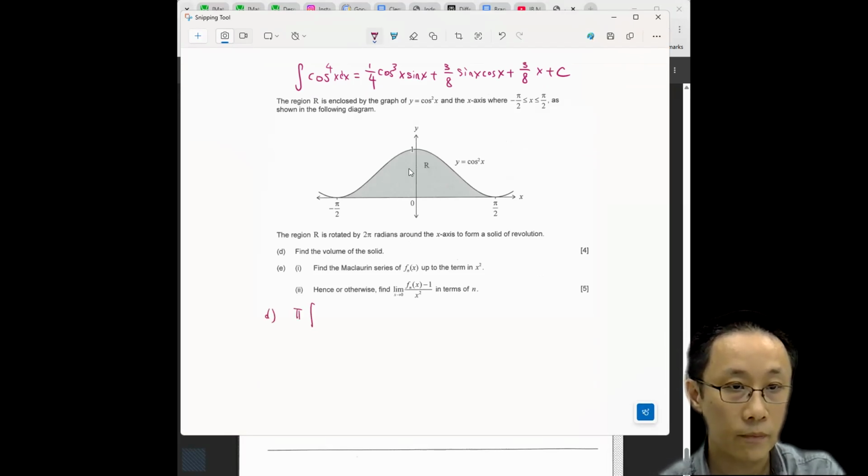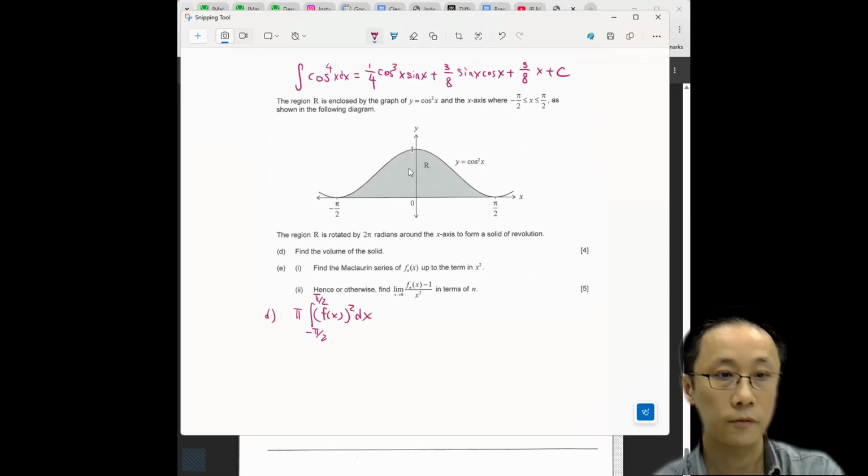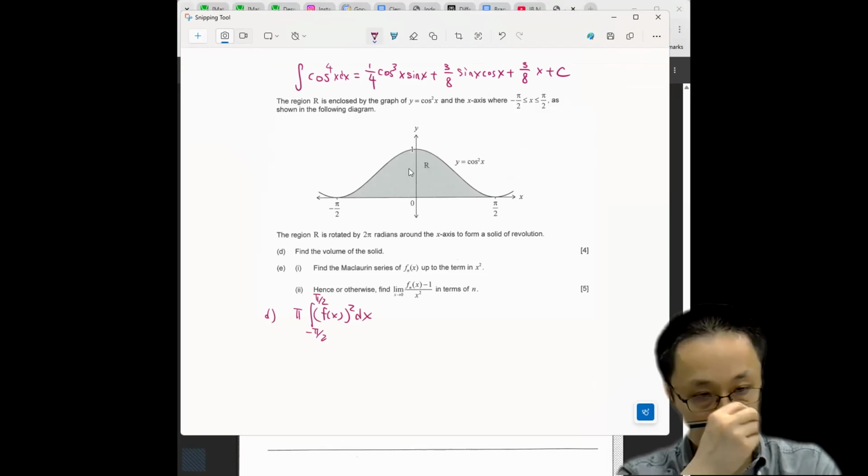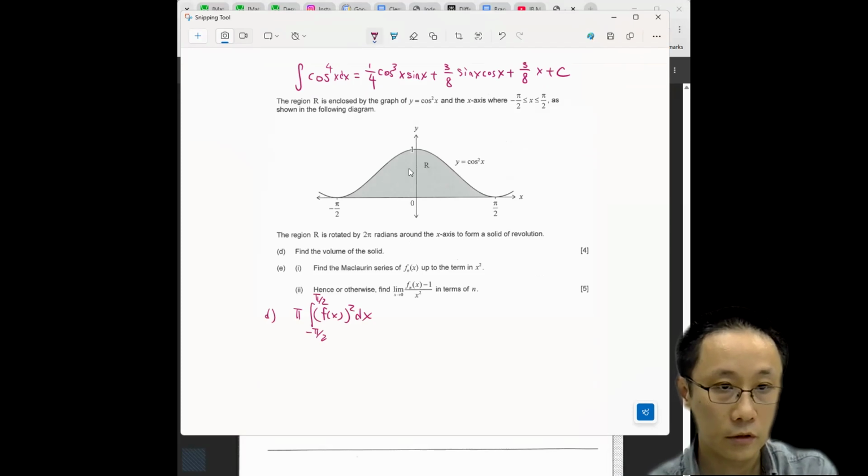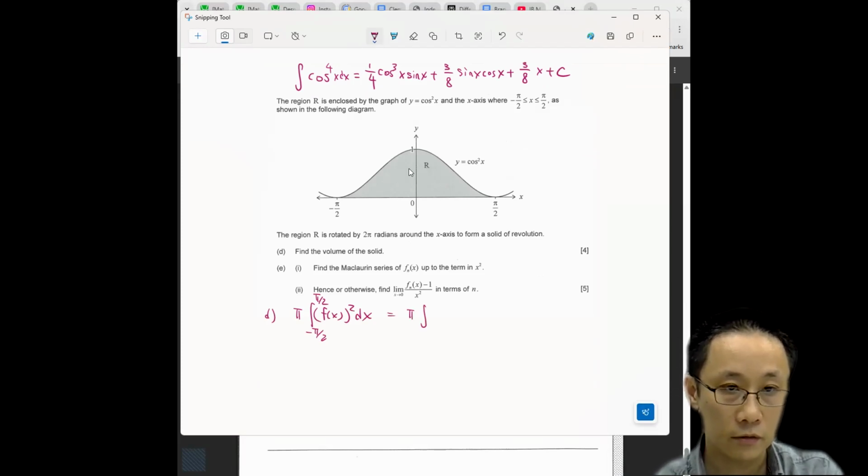So it's pi times f(x) all squared dx with the boundary of negative pi over 2 to the positive pi over 2. So when you square f(x) being cos square x, it's just pi times cos to the 4 x dx.